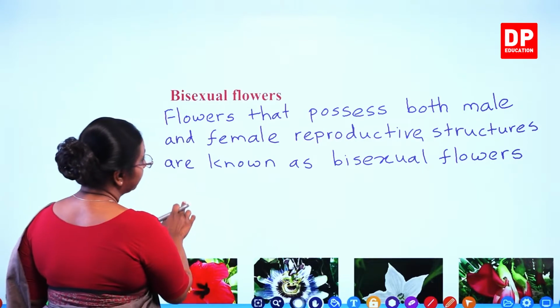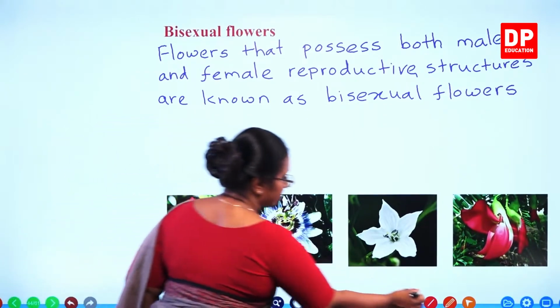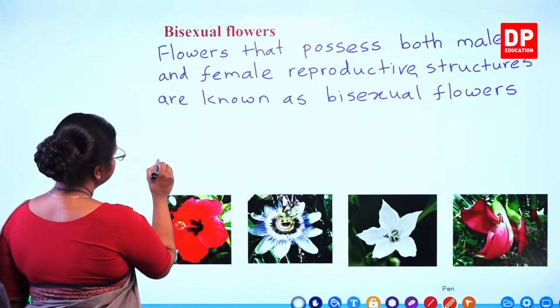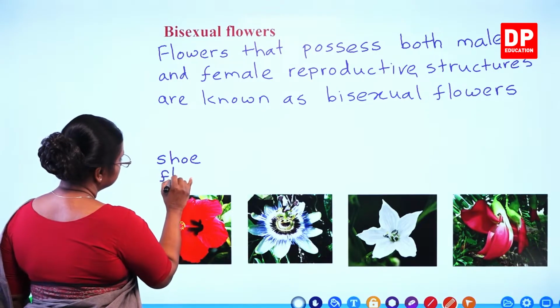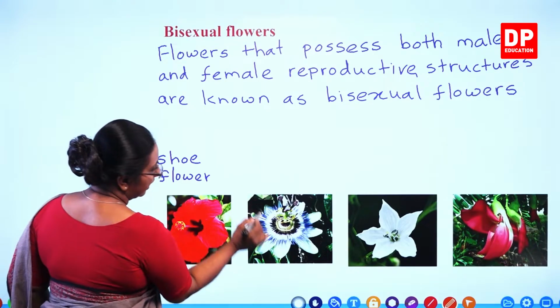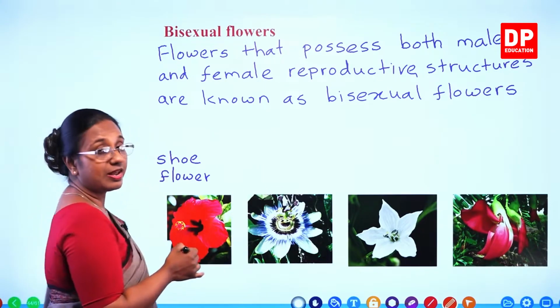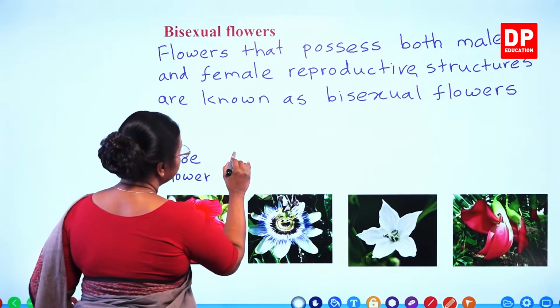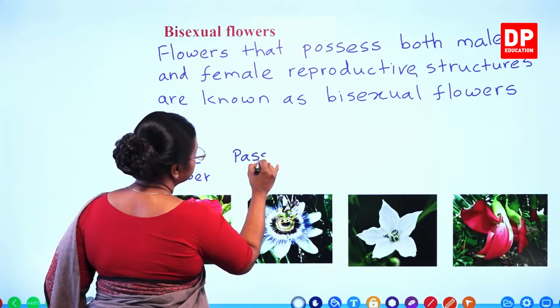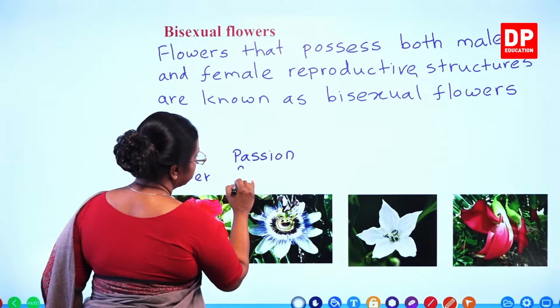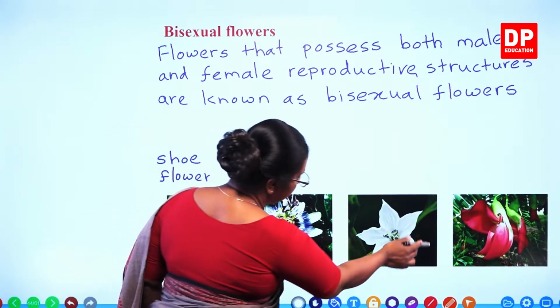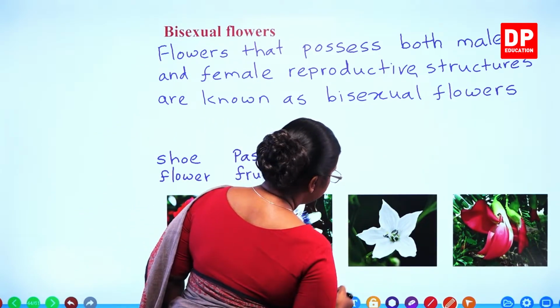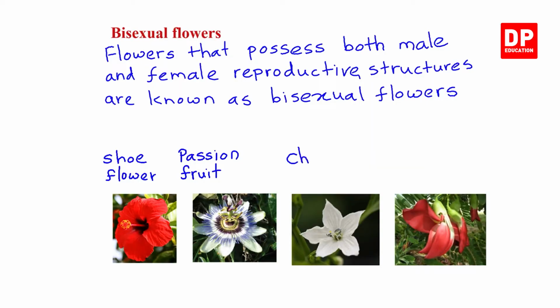So as examples, we can look at these flowers. The first example is shoe flower. Then this one, you would have seen this flower. It is the passion fruit. Then here we have this flower. This is chilies. Chili flower.